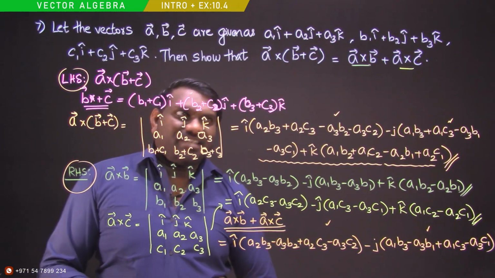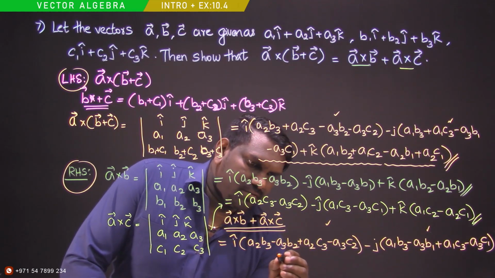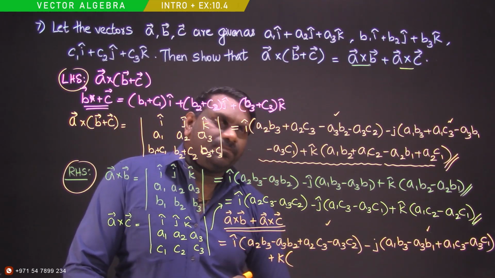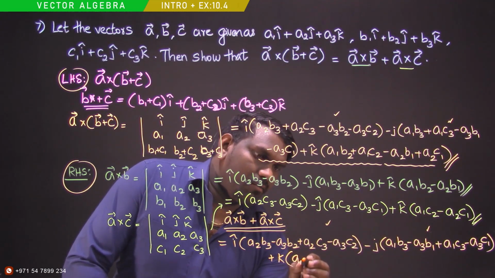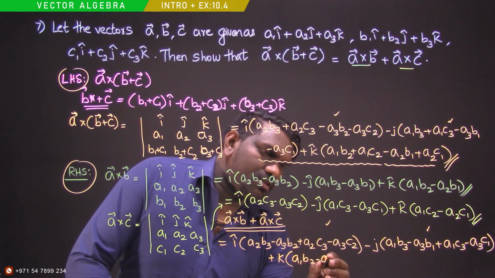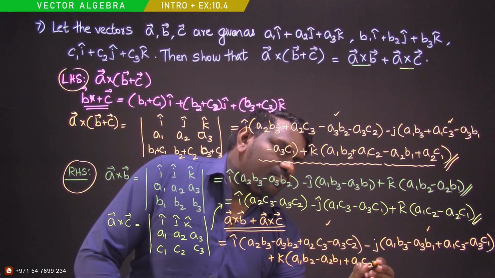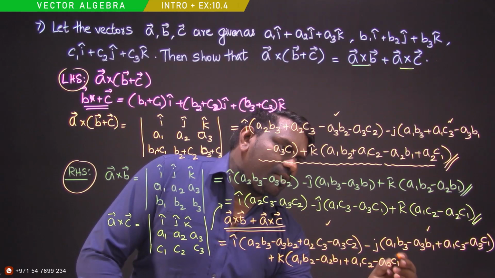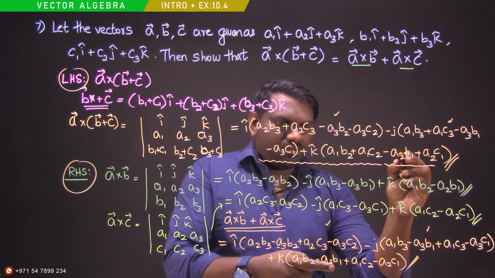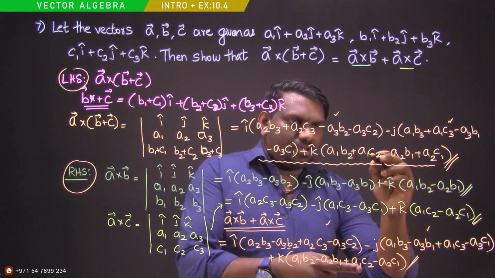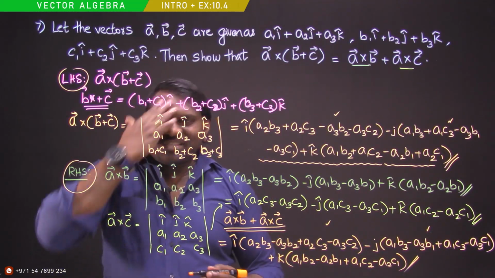Now the last one, I will write here itself: plus K into A1 B2 minus A2 B1 plus A1 C2 minus A2 C1. A1 B2, A2 B1, A1 C2, A2 C1, perfect, right? So we got these two, dear.